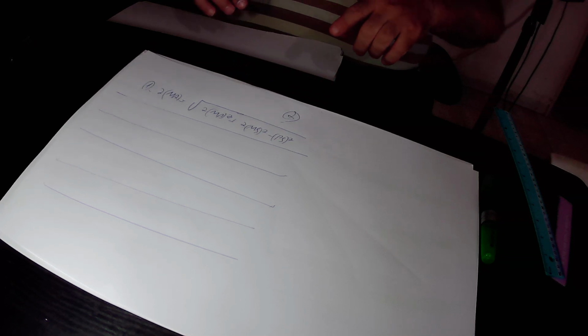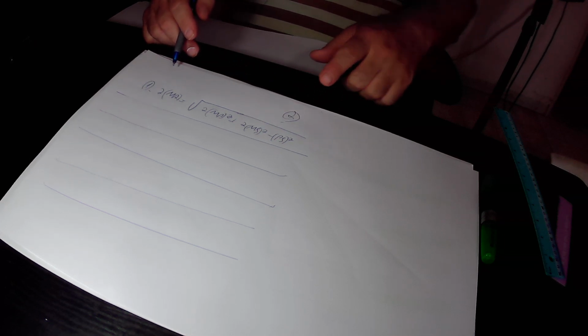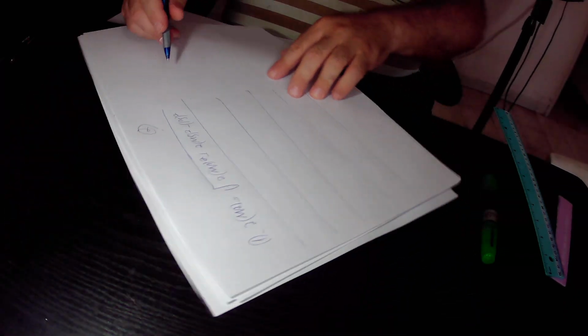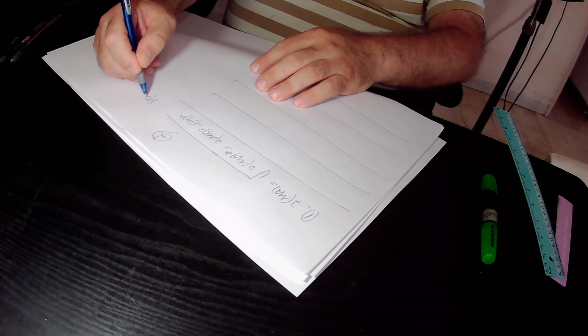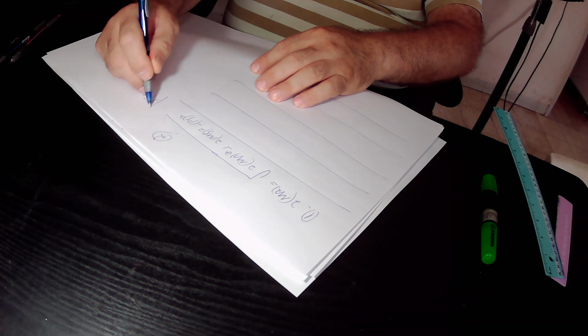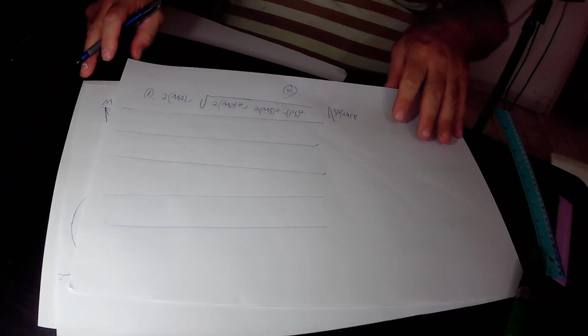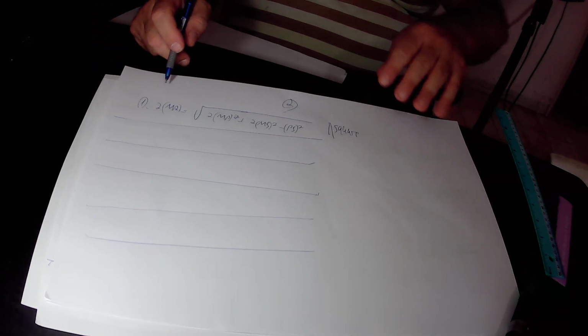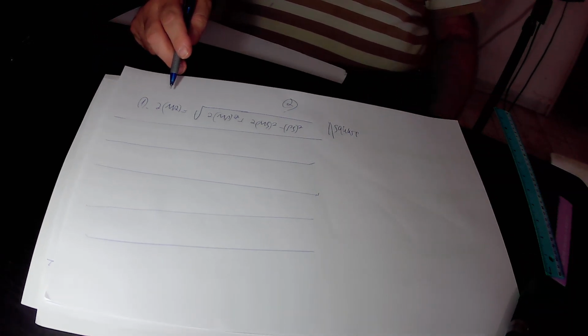Here we'll square both sides of this equation. So 2 times MQ squared is 2 squared, that is 4 times MQ squared.